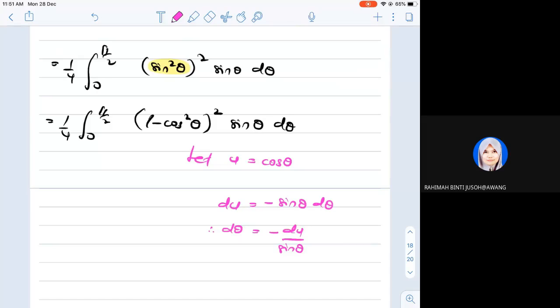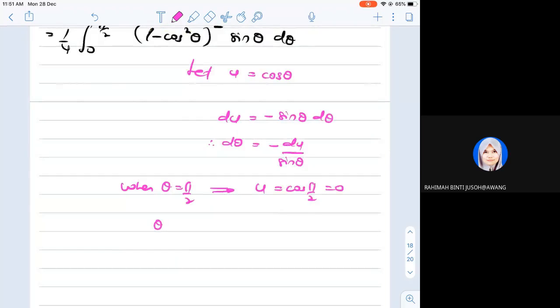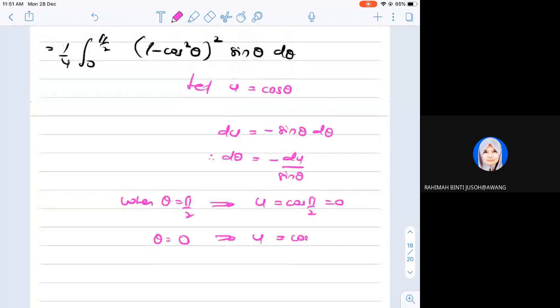Like that. So when theta equals pi over 2, u equals cos pi over 2, which is 0. And when theta equals 0, u equals cos 0, which is 1.